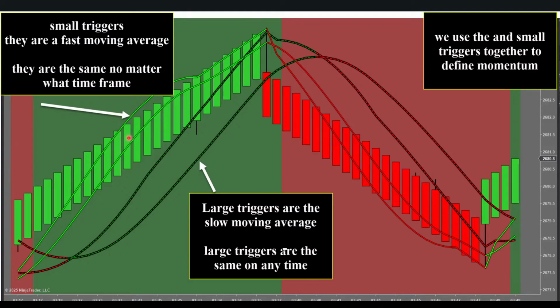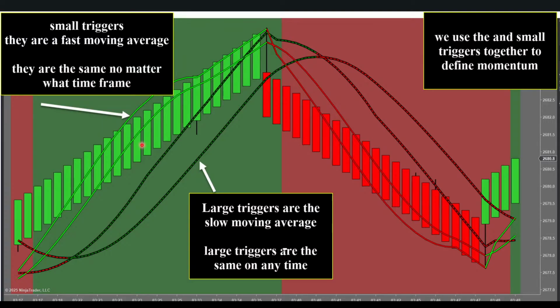Small triggers are fast. Large triggers are slow. When they're green, they're up. When they're red, they're down. That is as in-depth as you need to get on the triggers. One of my favorite sayings is you don't have to be able to build a watch to tell time. So keep it simple. Triggers are going to define momentum, rule number 1.